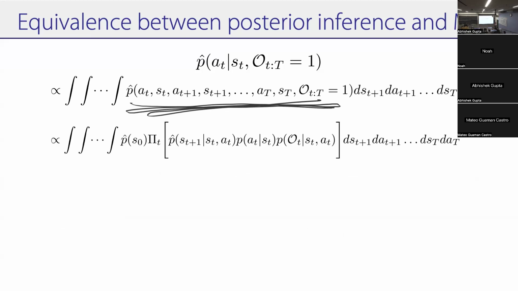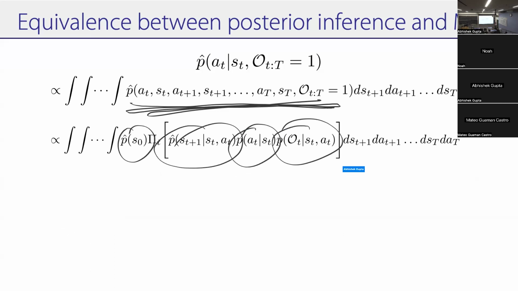From the graphical model that we had for p hat, this likelihood is equal to the initial state times the transition dynamics times the action prior times the optimality variable, right? If you just take the joint of our probability distribution, you can write it as a product of conditionals, just the same thing we did for p ten times before. We've just done it again in our joint variable.